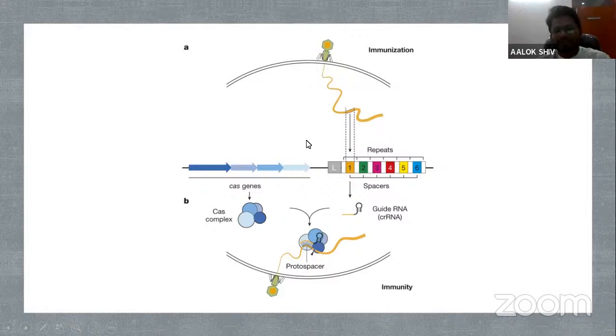They deliver their DNA into the bacterial system, and when their DNA or RNA has been attached into the plasmid, these are now called spacer molecules. The genetic material of the virus which is integrated into the bacterial DNA is now called a spacer. And what happens? This virus is very clever.